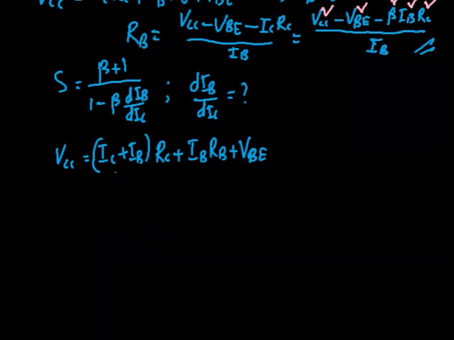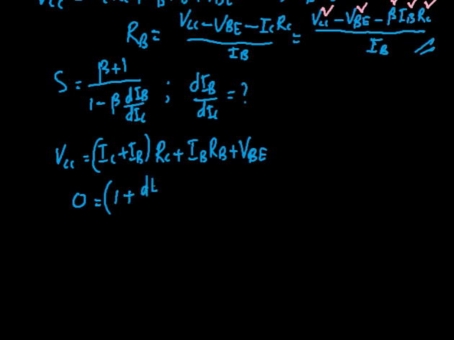So now just differentiate this equation with respect to IC. Then VCC is a constant, its differential is 0. Then the differential of IC with respect to IC is 1.